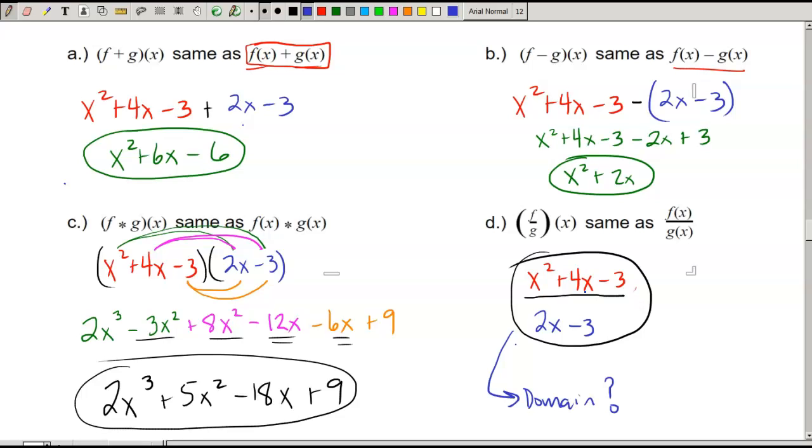Now, since you're dividing them, there's a clear restriction when you divide anything, and that restriction is that you can't divide by 0. So I'm going to put this on the side. You can't divide by 0 ever, and that's true for any fraction, of course.